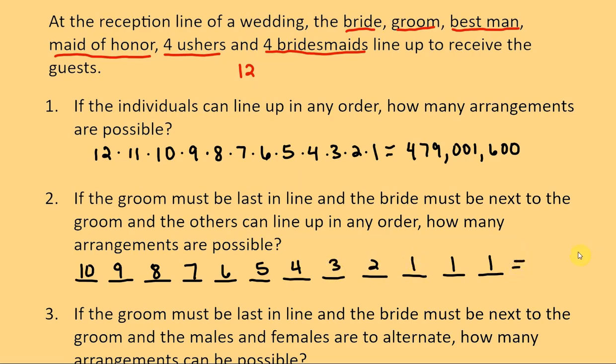And then we will multiply all of those together and see how many possible arrangements there are. And when we multiply them together, we get 3,628,800 possible arrangements.